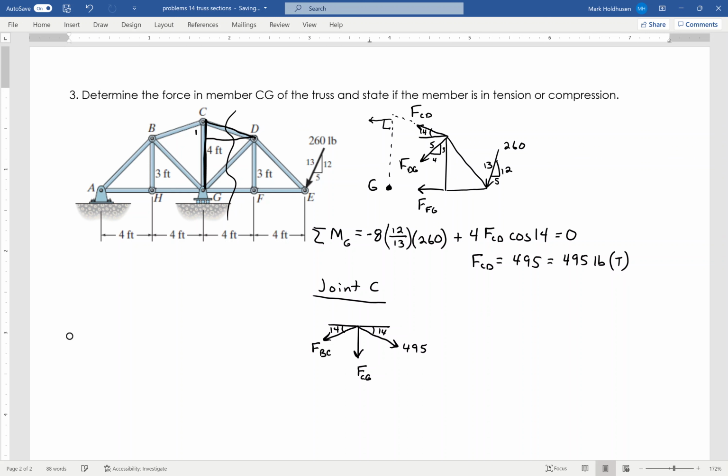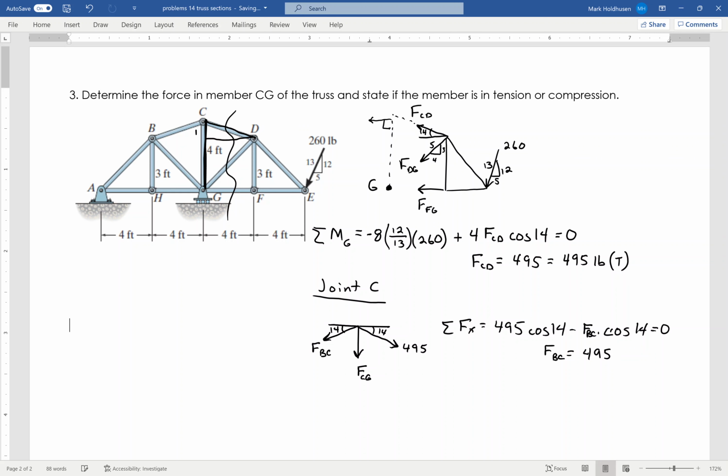To prove that to you, we'll just sum the forces in the x direction, and I get 495 cosine 14 minus FBC cosine 14. From that, I learned that FBC is the same as FCD, which I suspected due to symmetry.